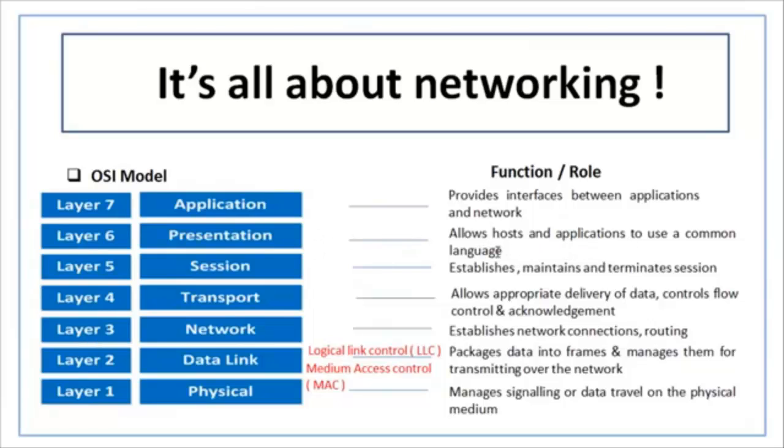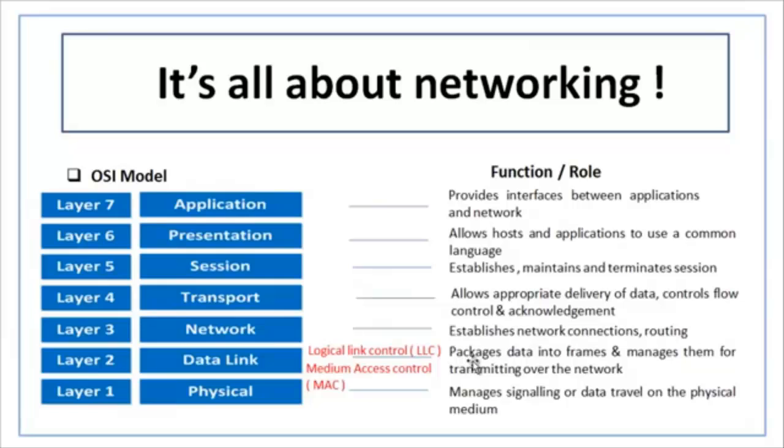Again, it controls the presentation, PDF, JPEG, and all the formats. Session controls and maintains the sessions between points A and B. Transport allows the appropriate delivery and flow control that I was talking about: the chunks getting acknowledged, if 4 are sent from here, ensuring that all are received on the other side. The network layer is all about doing the intelligent routing, finding out where B is.